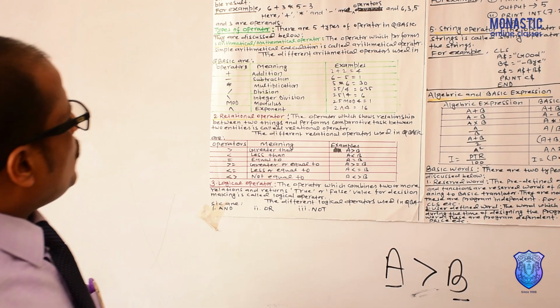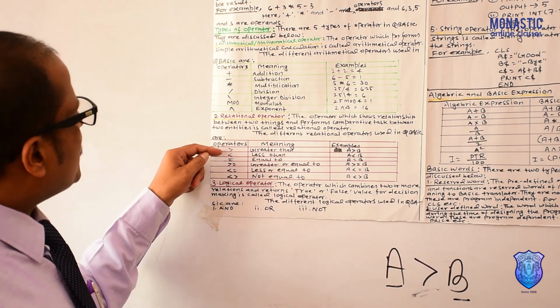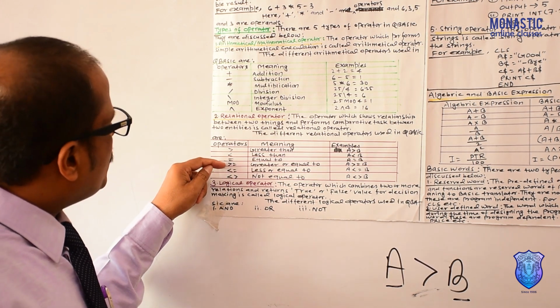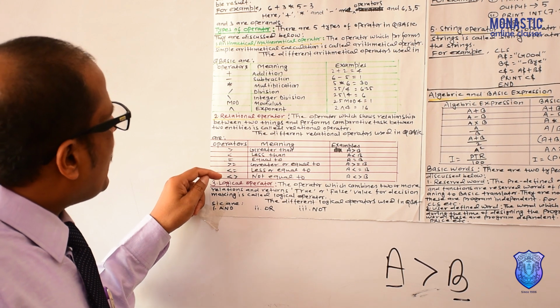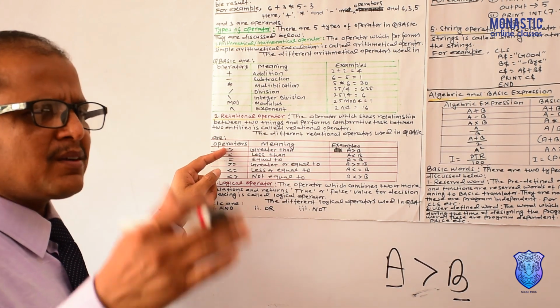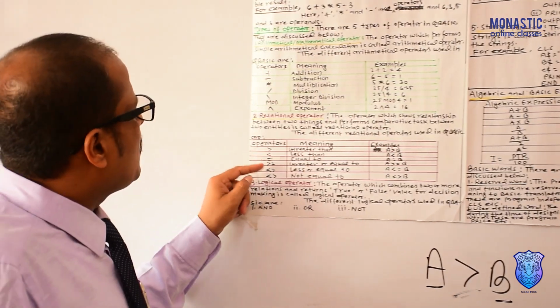The different relational operators used in QBASIC are greater than, less than, equal to, greater or equal to, less or equal to, and not equal to. Greater than is the same as in mathematics, and less than is also the same.